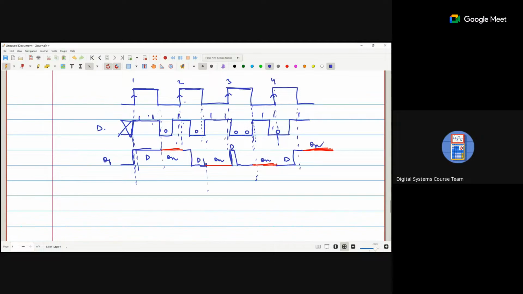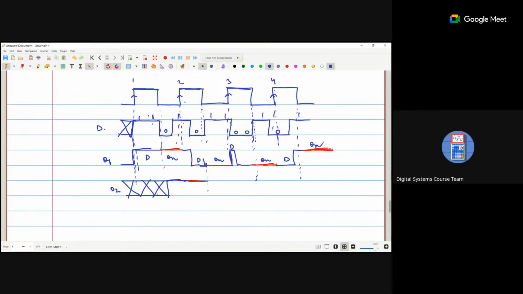The negative. Okay, so what is Q2? Before this negative level, we don't know what the data is, so we express that we don't know what the data is. Okay. When this negative level applies, the data is 1. Till the negative, this data still continues. Okay. After that, the positive level arrives. So no change. No change.